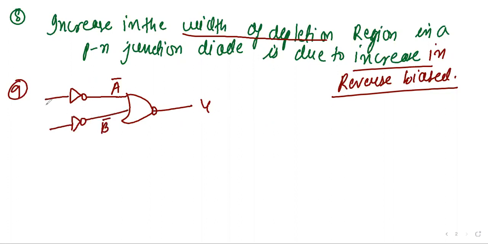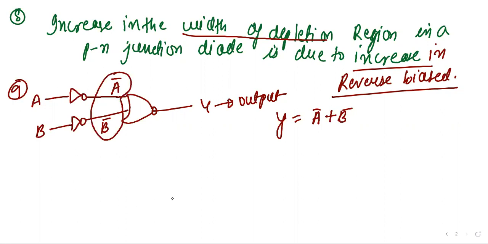This is your A, this is your B. So what will be the output? Y is the output. So Y is equal to A bar plus B bar. Right. So these are the two inputs for this gate. AND gate will be looking like this only. Here a dot is there, then it represents an AND gate.